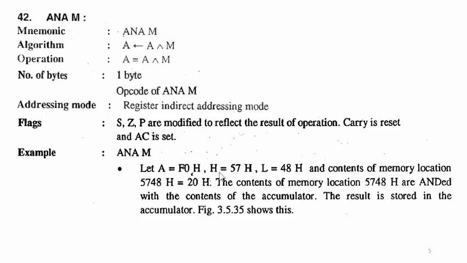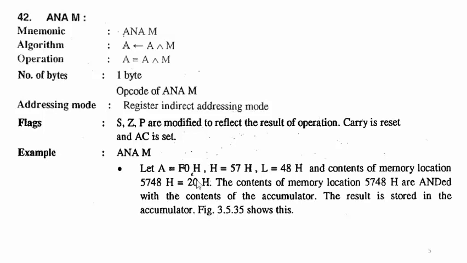For example, suppose in the accumulator we have F0 hex, and in H and L registers we have 57 and 48 hex. So this 5748 hex will work as a memory location, and suppose in the memory at this 5748 hex location, 20 hex is available.